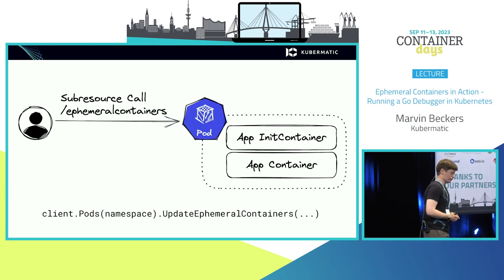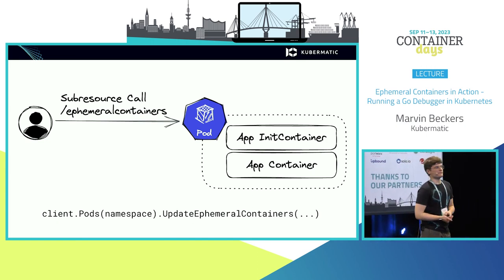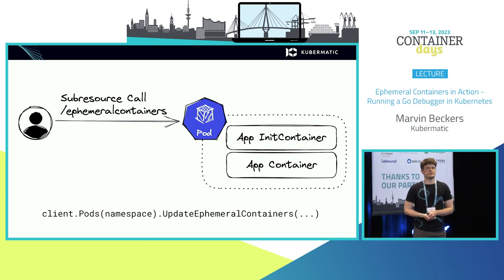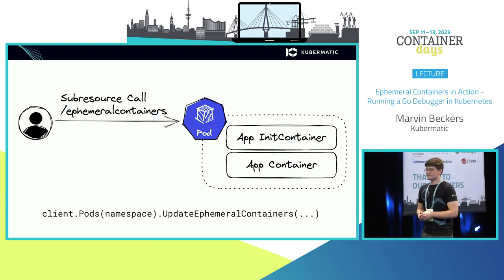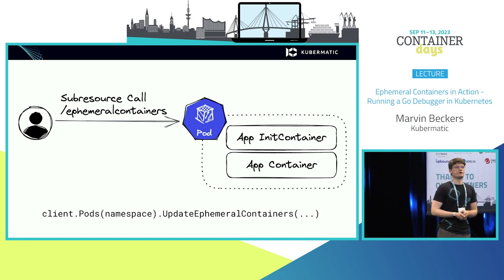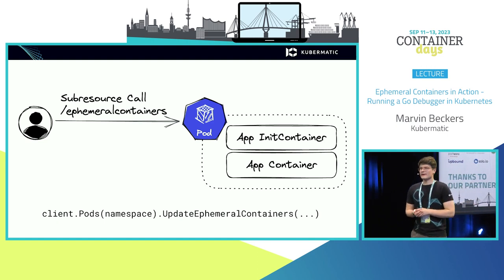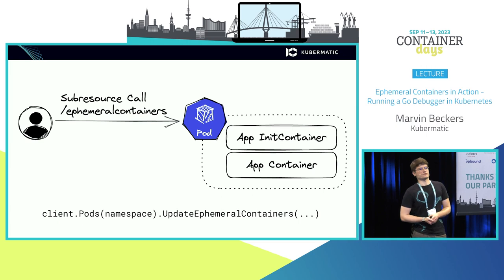To really drive home that ephemeral containers are not like normal containers, there are some technical implementation details around it. If you have developed a controller or operator before, or if you have tried to edit a resource with kubectl edit, you might have run into the concept of sub-resources.